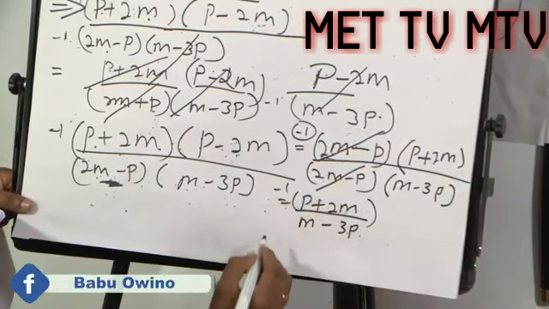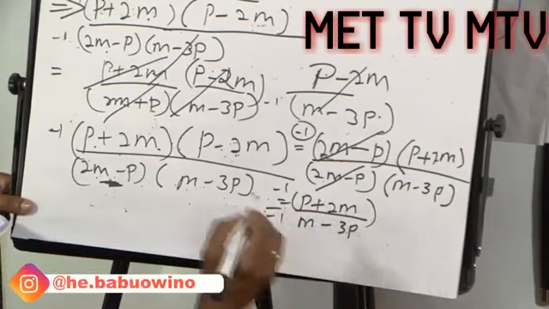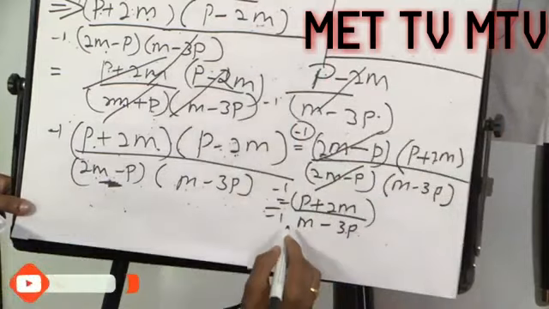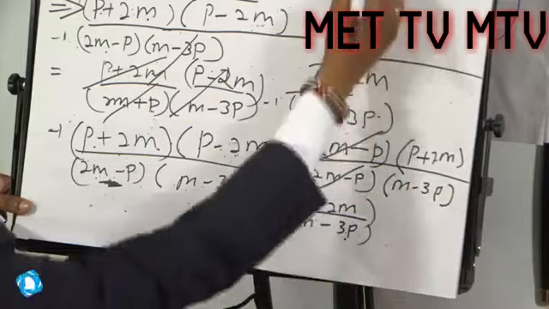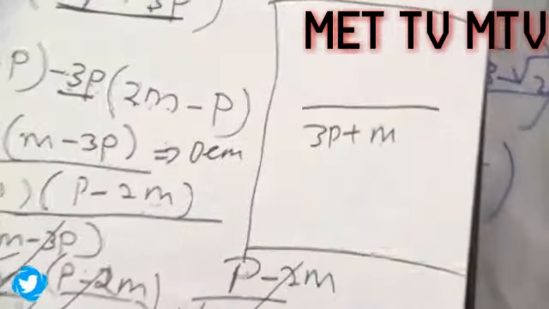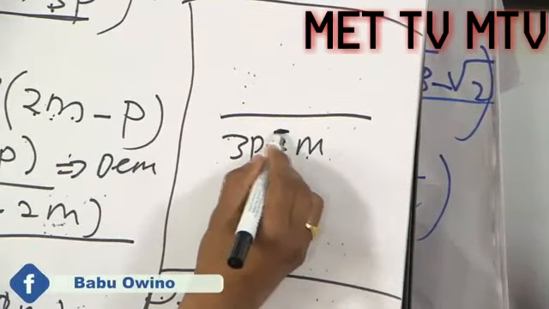So if you have a negative here, we can divide this by negative. Here now you will get, just follow me here, we are almost finishing it. When you multiply this by a negative, you get 3p. The denominator is 3p minus m, 3p minus m.